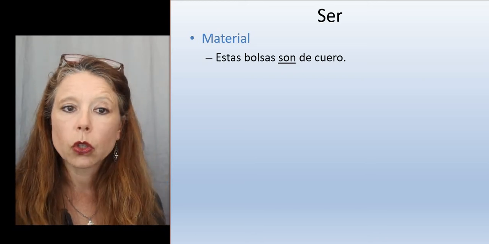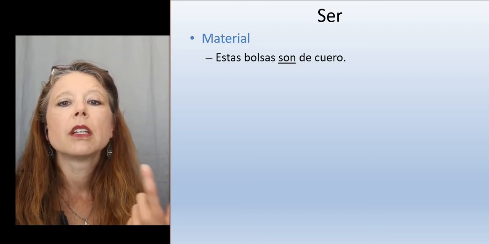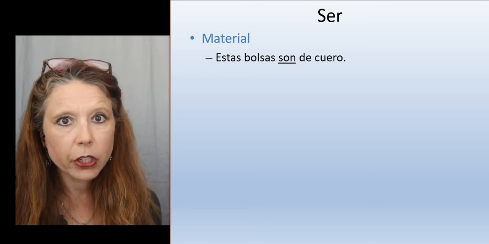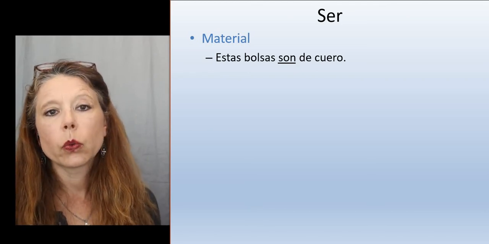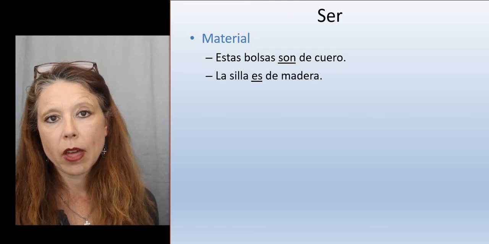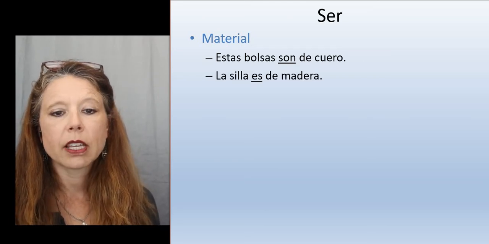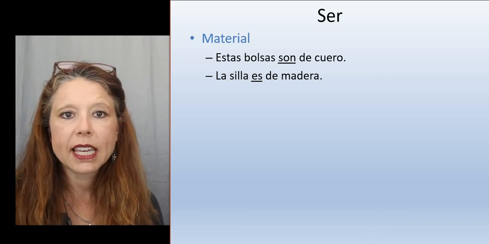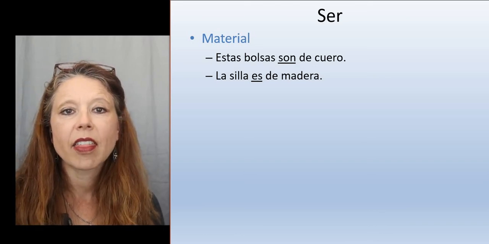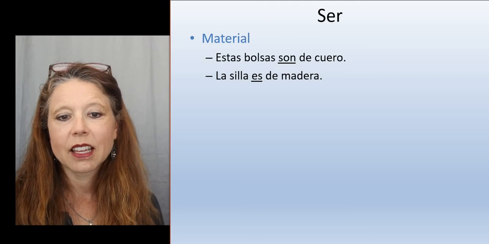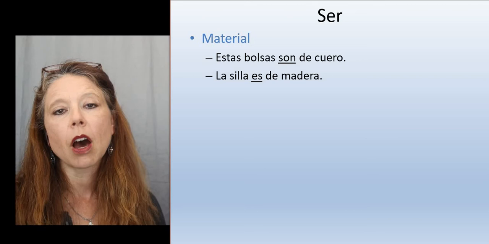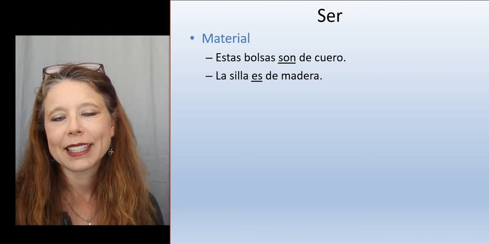So, son is the verb ser, and we're describing what material it's made out of. So we use ser rather than estar. Another example. La silla es de madera. The chair is made of wood. It is of wood. Es. So we use ser.